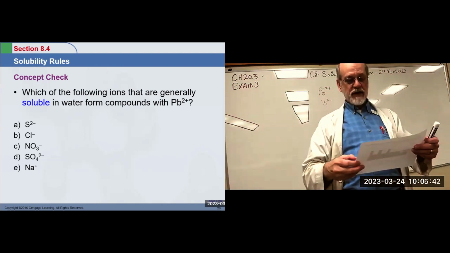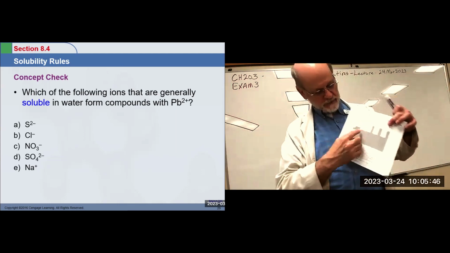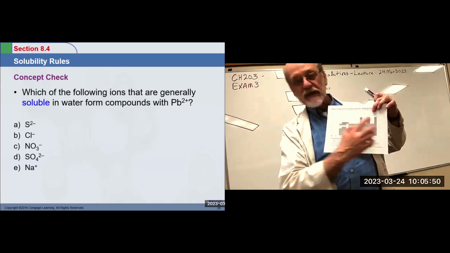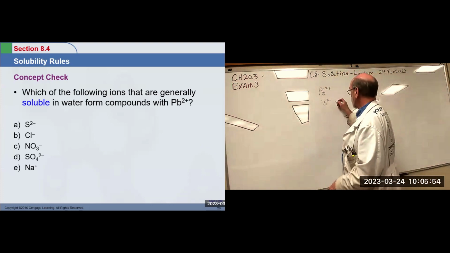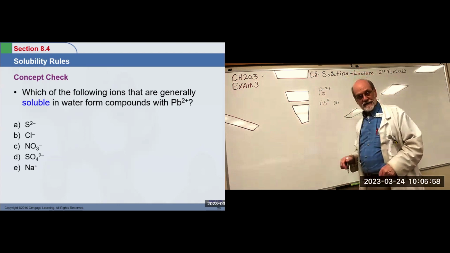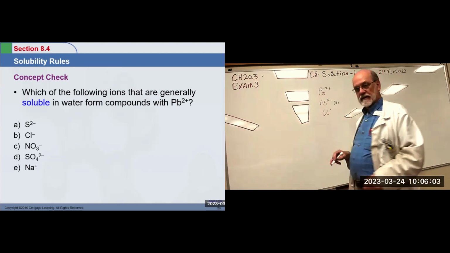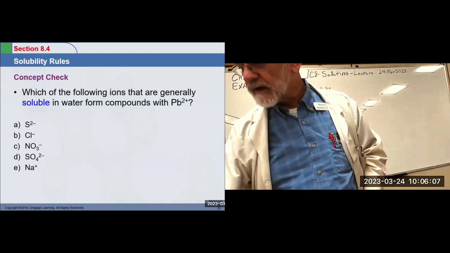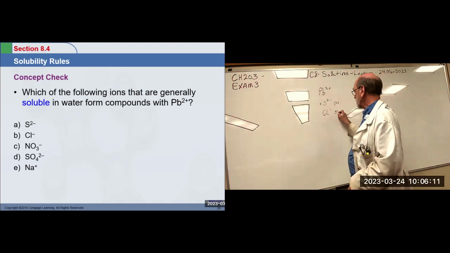We find lead 2+, which is way over here on the right-hand side, and we follow it down until it meets the sulfides, which is right here. Follow that across, and it's grayed out. So this one would form a solid with that cation. How about this one? Chloride, lead 2+ and chloride. We look down there, chloride, lead 2+. It's also insoluble, forms a solid.